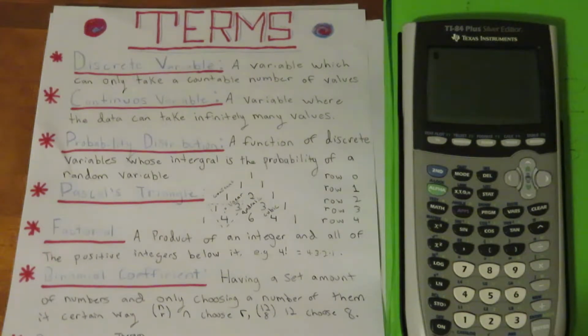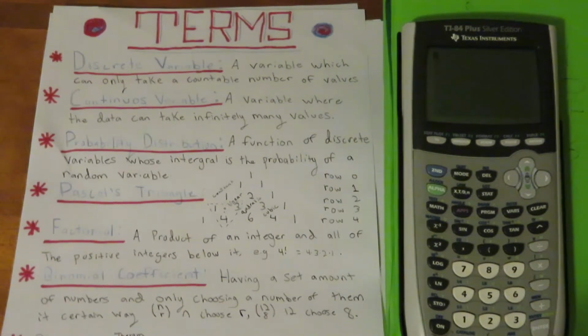The next is binomial coefficient, and binomial coefficient is having a set amount of numbers and only choosing a number of them in a certain way, such as n choose r. An example of this would be 12 choose 8. So how many different ways can you choose 8 out of 12?